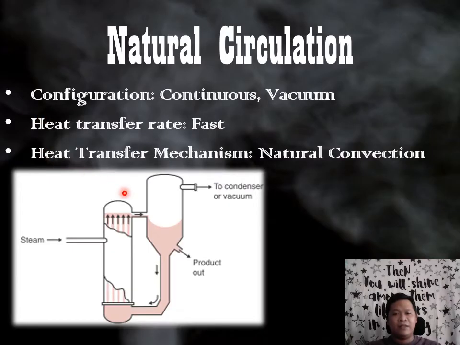Okay, so you have here a natural circulation evaporator, continuous configuration using a closed setup para may vacuum pressure ka. Advantages are fast heat transfer rate, although you use natural convection still. So paikot-ikot lang dito yung product mo habang nagko-concentrate siya.